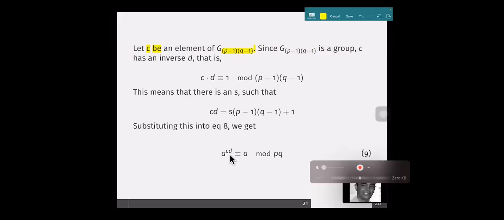So that's why P and Q, which are the factors of n, are very important, but they're also very hard to compute.